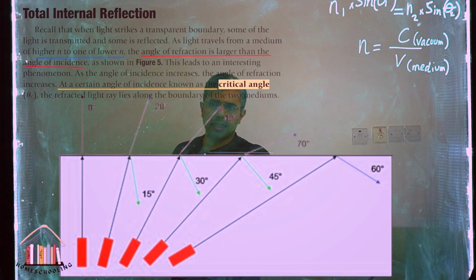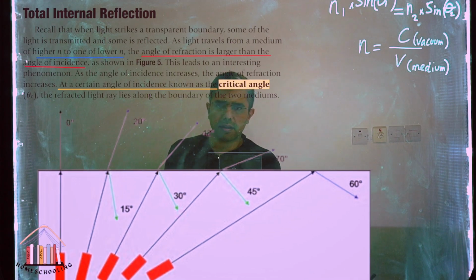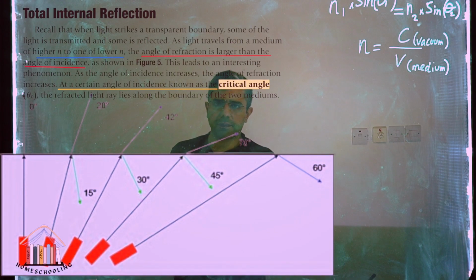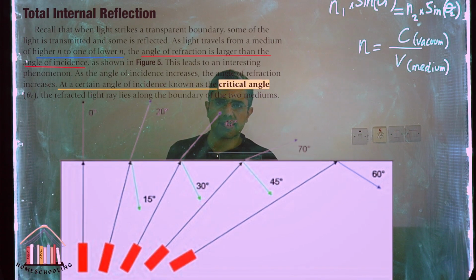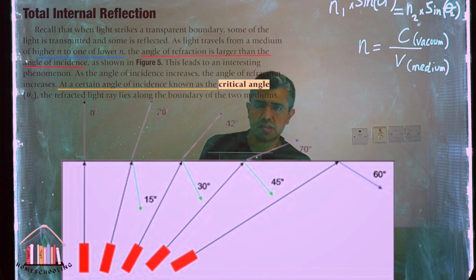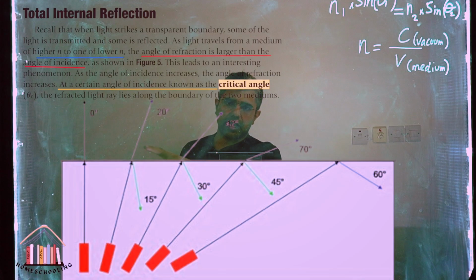At an angle of 30 degrees, it continues at 42 degrees. If the incident angle is 45 degrees, it will continue at 70 degrees, as you see here. All of that is in the case of refraction.